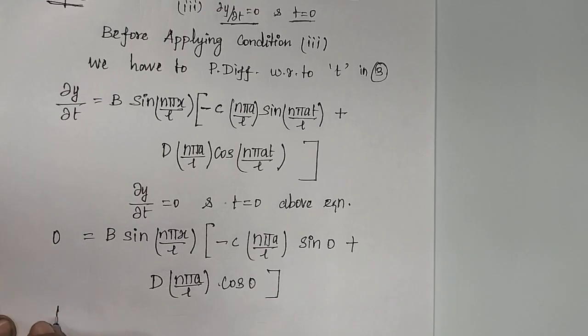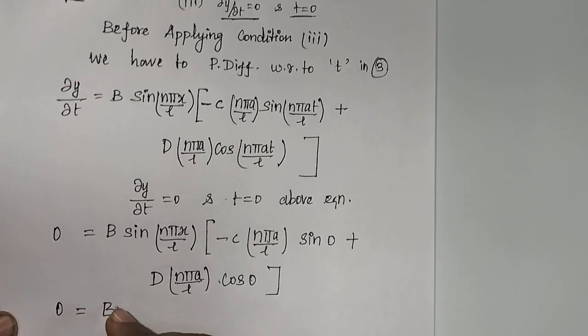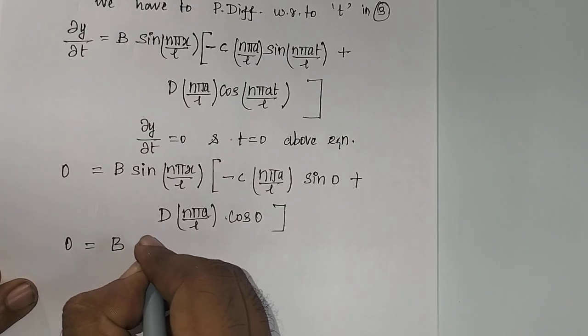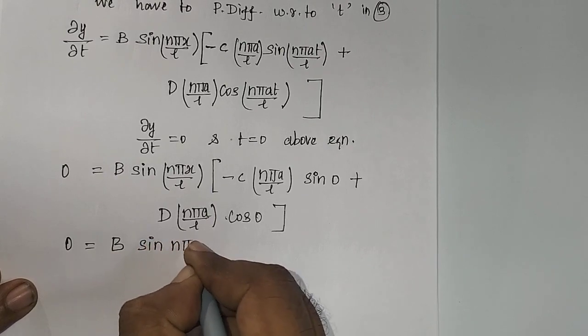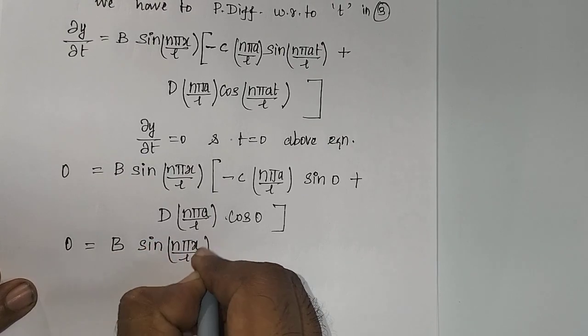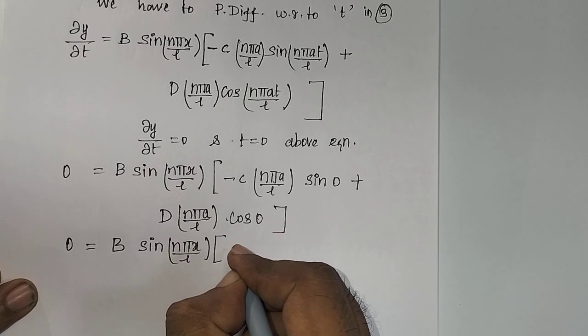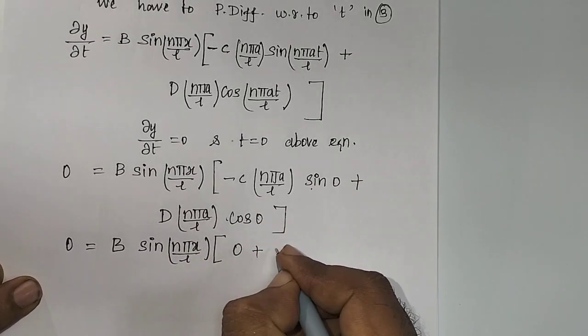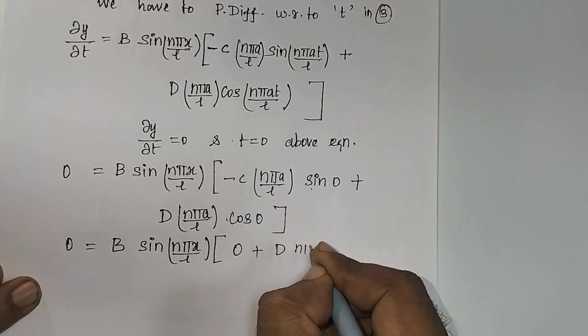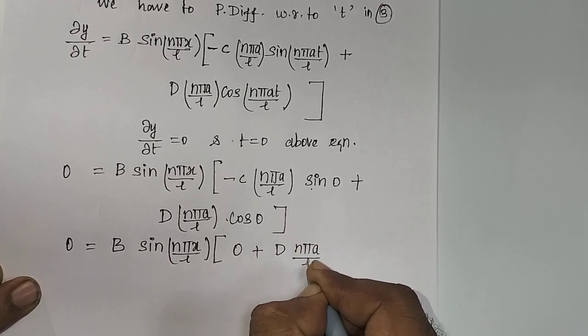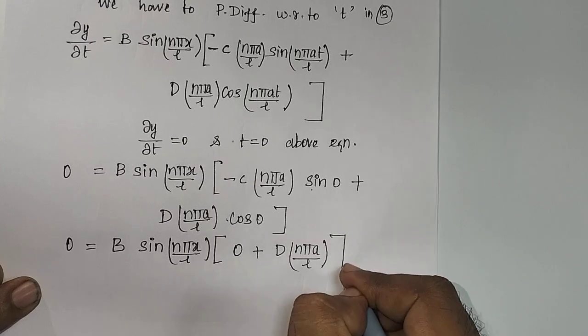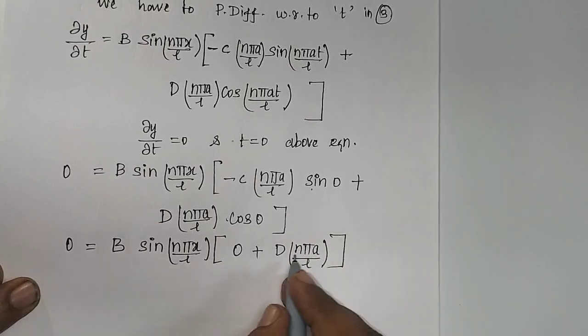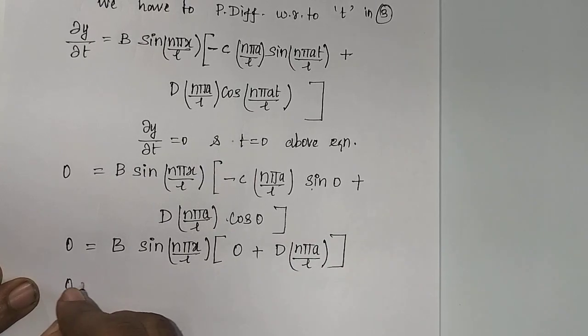Simplify this: 0 equal to b sin n pi x by L, and this sin 0 means the entire term is 0, plus d n pi a by L. Cos 0 is 1, we know that.